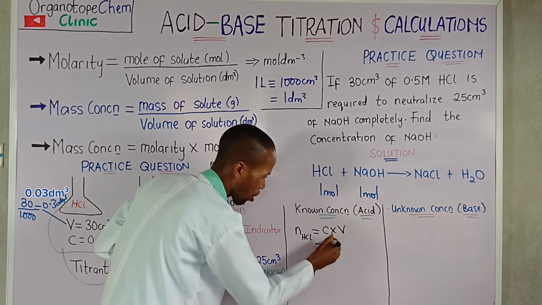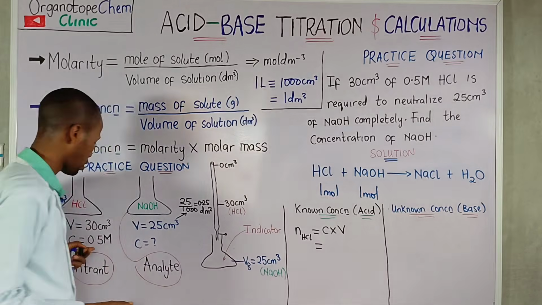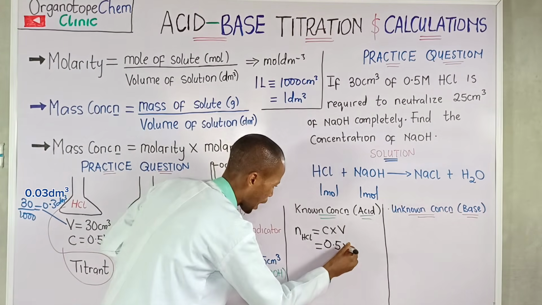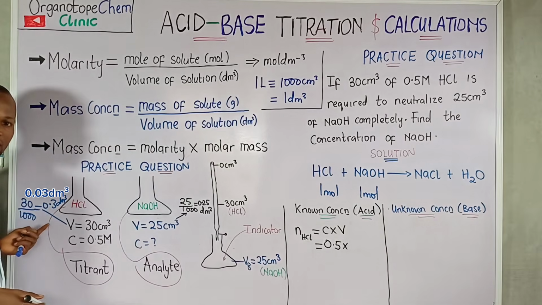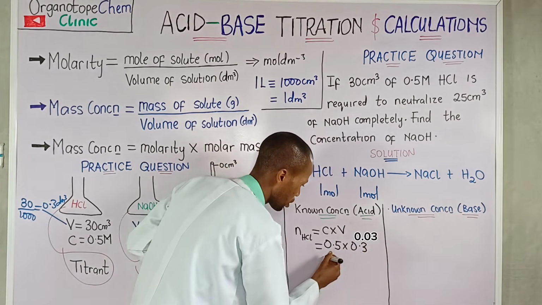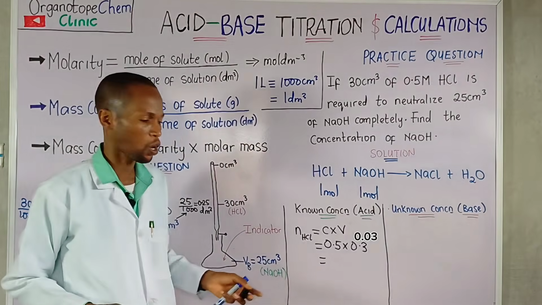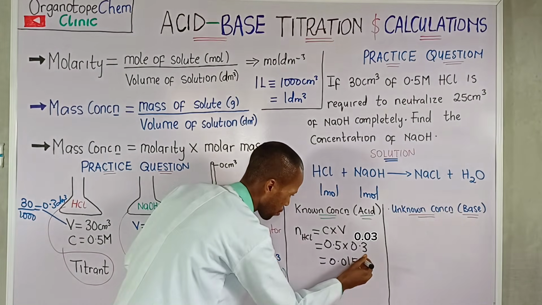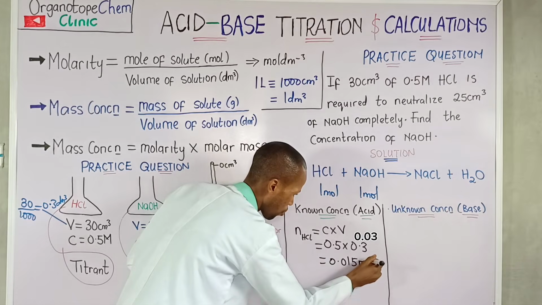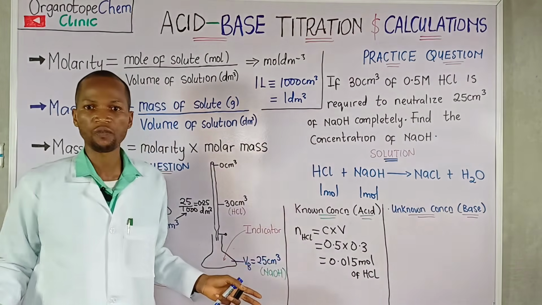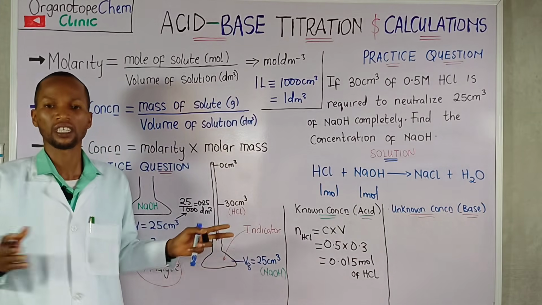The concentration of HCl is known, that is 0.5 molar, times the volume of the acid consumed, 0.3 dm cube. By the time you press the calculator, we have 0.015 mole of HCl. So that is the number of moles of acid used in this titration.